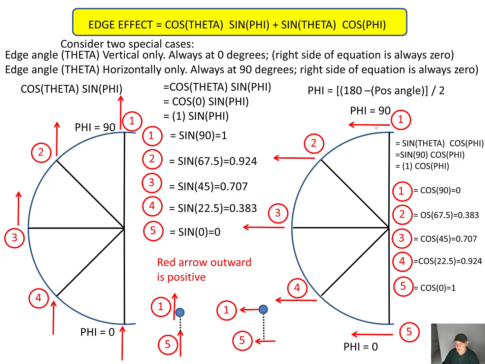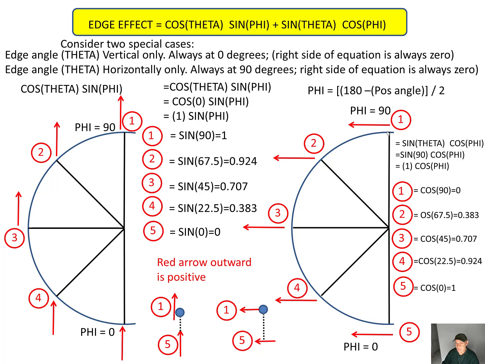So theta is always at 90 degrees, so sine of 90 degrees will always be 1. So the effect here is only cos phi as we move around.